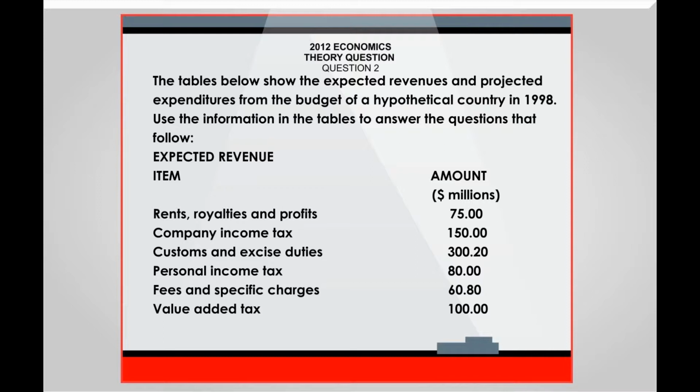Customs and excise duties, $300 million and $20,000. Personal income tax, $80,000. Fees and specific charges, $60 million and $80,000. Value added tax, $100 million.